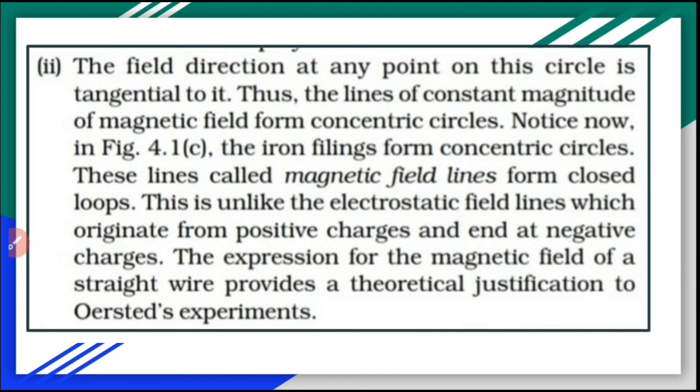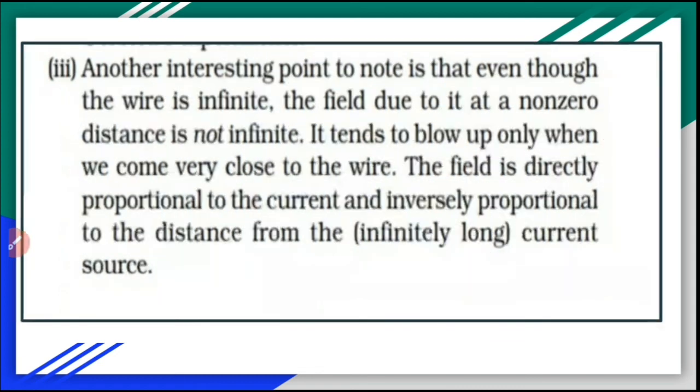The second point is that the magnetic field direction is always along the tangent to that loop, because the magnetic field lines form concentric circles with the center lying on the wire. That direction is important.